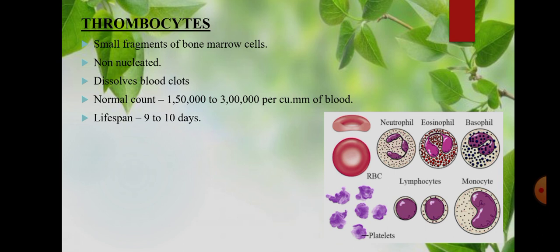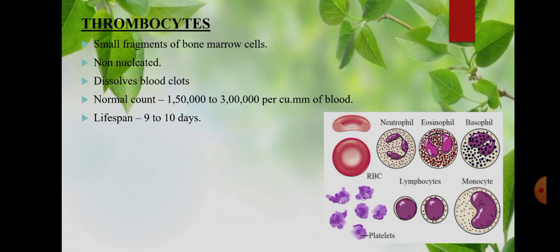They are cell fragments of the bone marrow cells. Okay, they are the small cell fragments of the bone marrow cells, and they are also non-nucleated, and the count is very important. If you take per cubic millimeter of blood, almost 1,50,000 to 3 lakh, that is the number for platelets in a normal person.